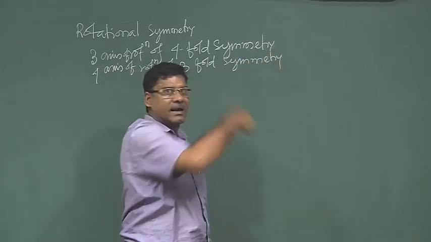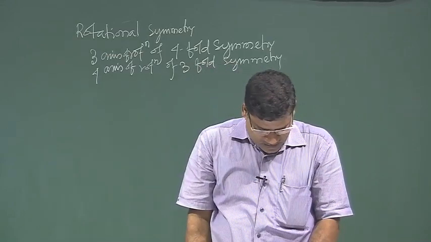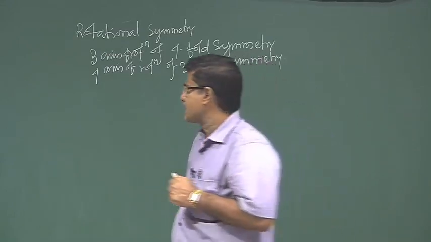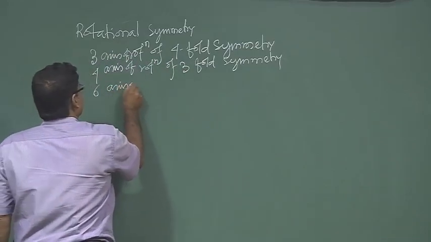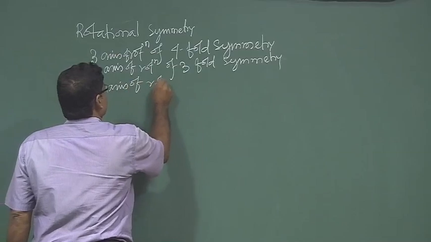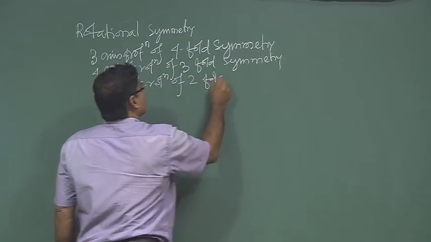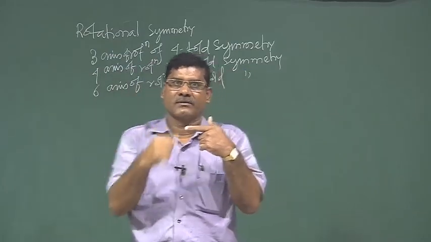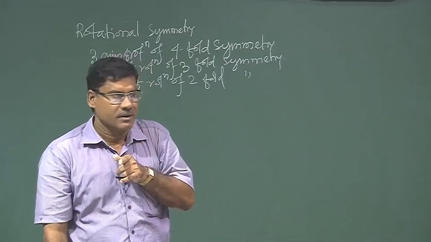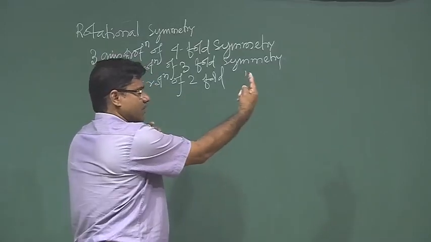These are the body diagonals. And 6 axes of rotation of 2-fold symmetry, passing through the middle of an edge of the cube and the middle of the opposite edge.